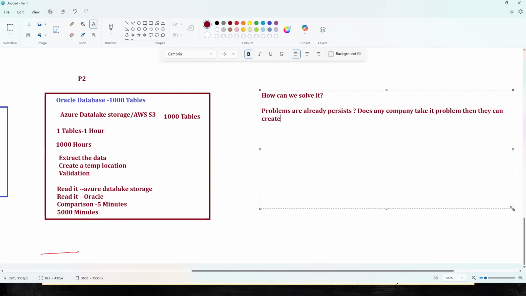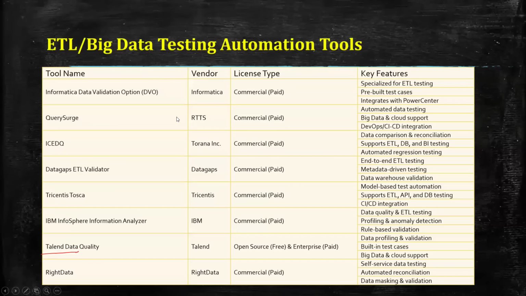Agree, everybody? So that is where these tools come in: Informatica Data Validation Option, QuerySurge. These are the automation tools which are already available in the industry. Are you with me, everyone? These automation tools already exist.